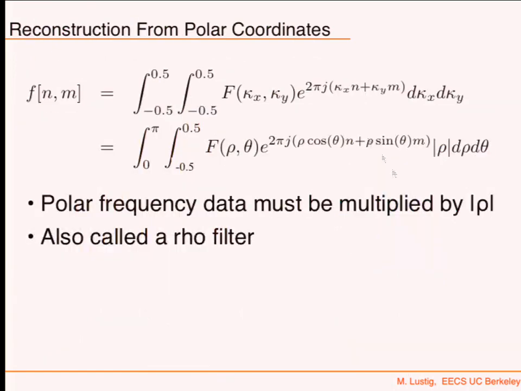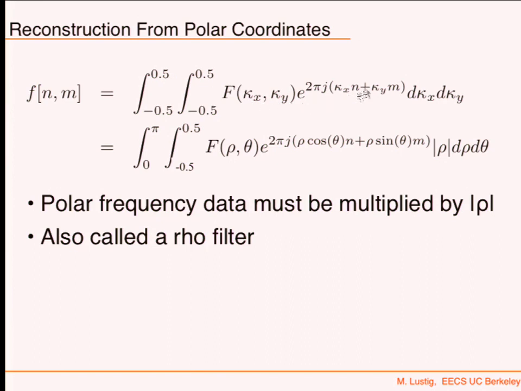And now we said, okay, let's try to figure out how we compute the inverse 2D DTFT of that function, right? We have a 2D Fourier transform. We want to compute its inverse. If we compute the inverse of a regular 2D DTFT, it's just a double integral from minus 0.5 to 0.5.